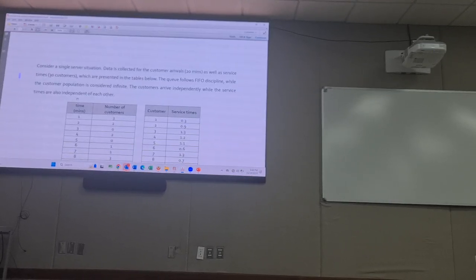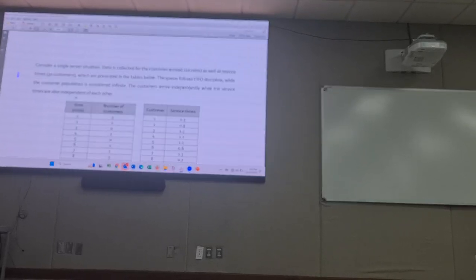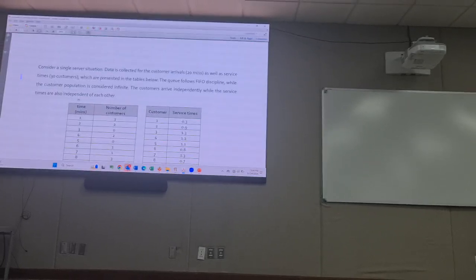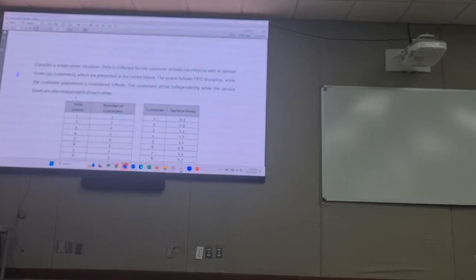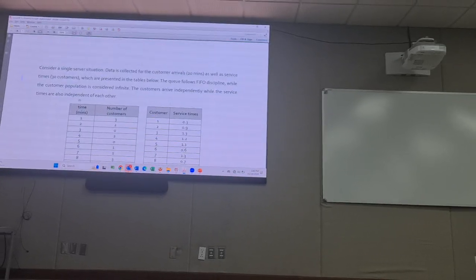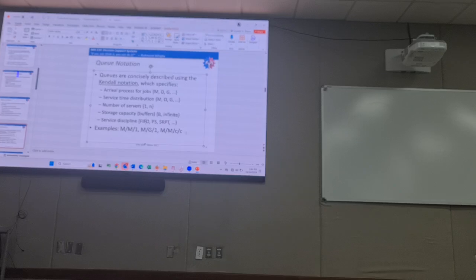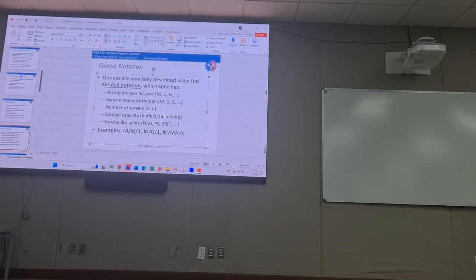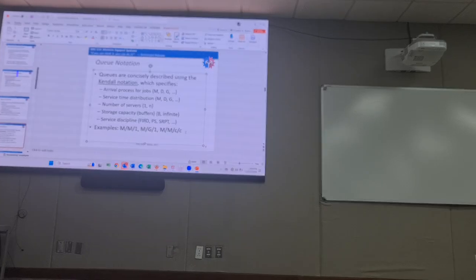When you hear the word independent, random, it's Markovian, right? It's not given to you directly, but indirectly, because the arrivals and service are independent, you're looking at Markovian. So MM1, or you can say MM1/infinite/FIFO, but you don't write it, because infinite and FIFO are the default values. Even if you don't write it, it's perfectly fine.